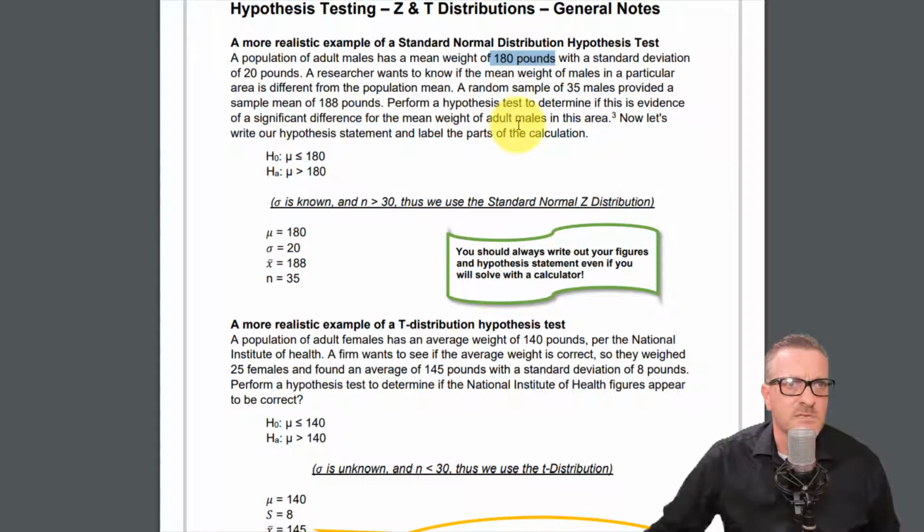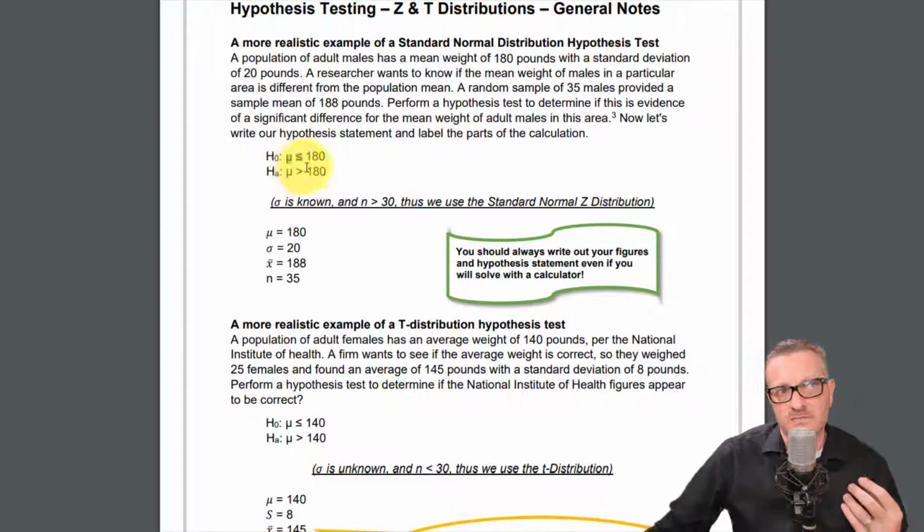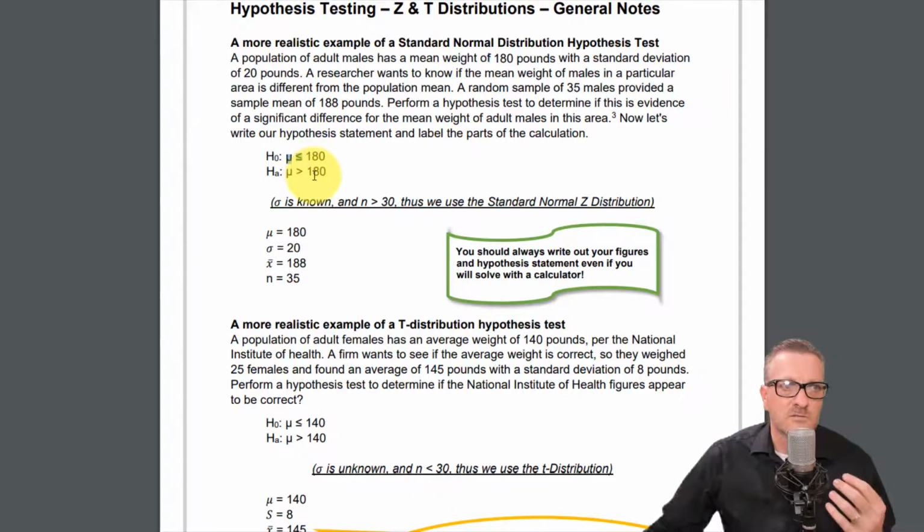180 pounds. Now, you say, okay, it says that they weigh 180 pounds. So what's up with this or less than? So they weigh 180 pounds. And so we know that this is our null, but until we look at the rest of the question, we don't know if this is going to be mu is less than or equal to, or how that's going to lay out.